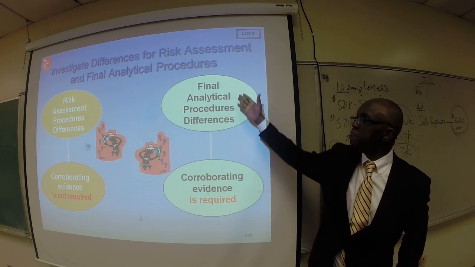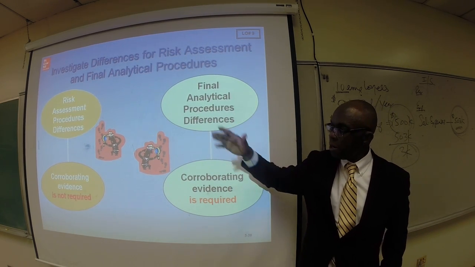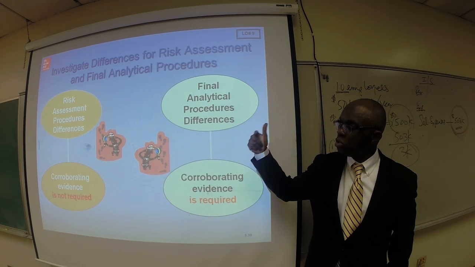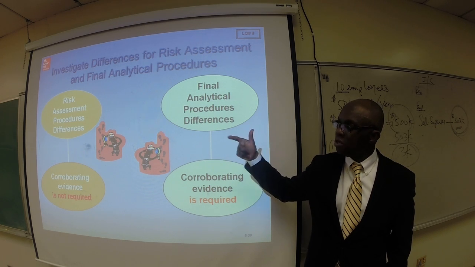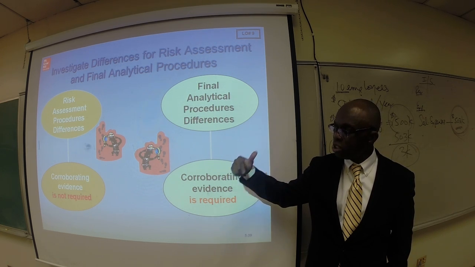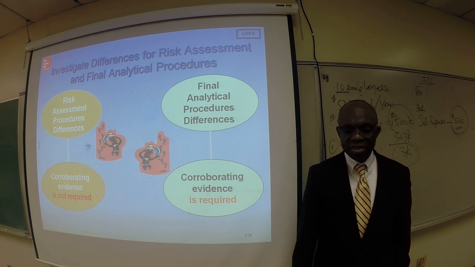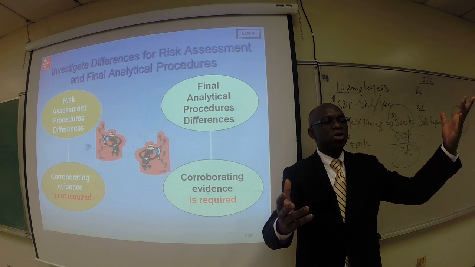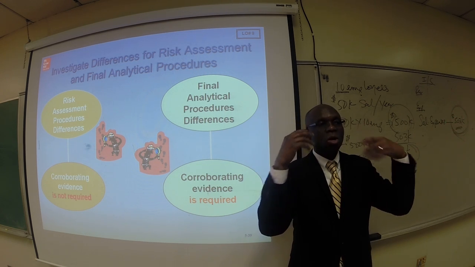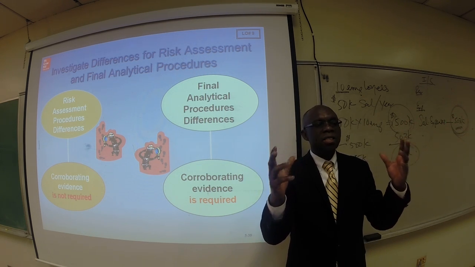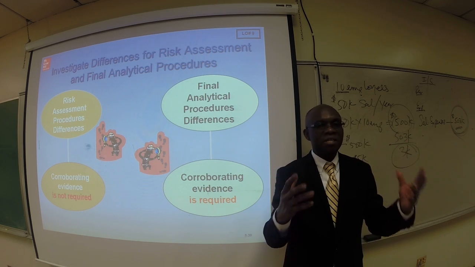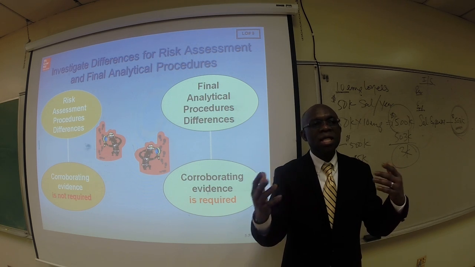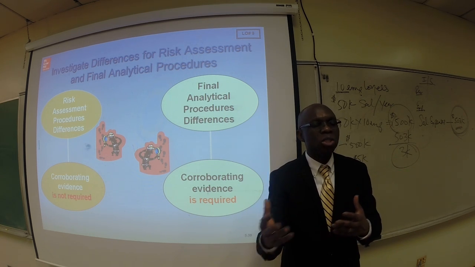When we use analytical procedure as part of our risk assessment procedures at the beginning when we are doing the planning, we really don't need evidence, because, for example, if we compare previous year financial statements and this year financial statements, we are just looking for any unusual significant differences that might bring our attention to one area or the other that we might want to pay close attention to.